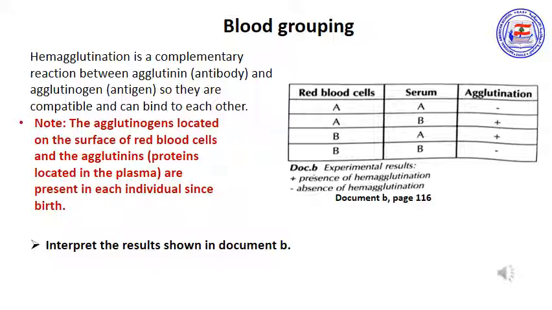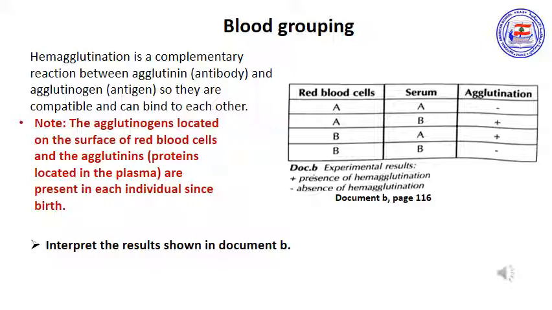However, when the serum of an individual of type B is mixed with the red blood cells of another individual of type A, or vice versa, I'm talking here about the second and third rows, agglutination takes place. This indicates that agglutination occurs only if red blood cells of a given group, like A, are mixed with the serum of a different blood group, like B.